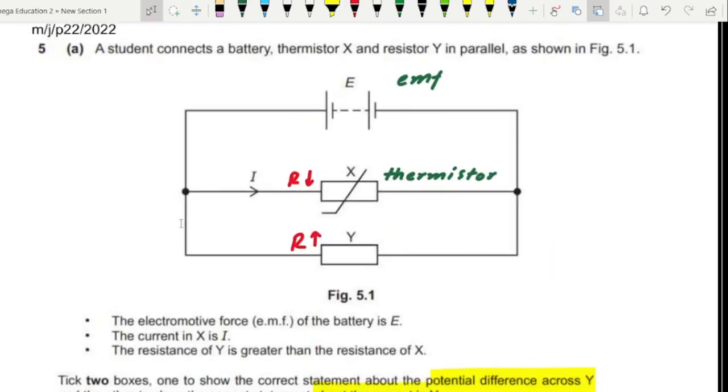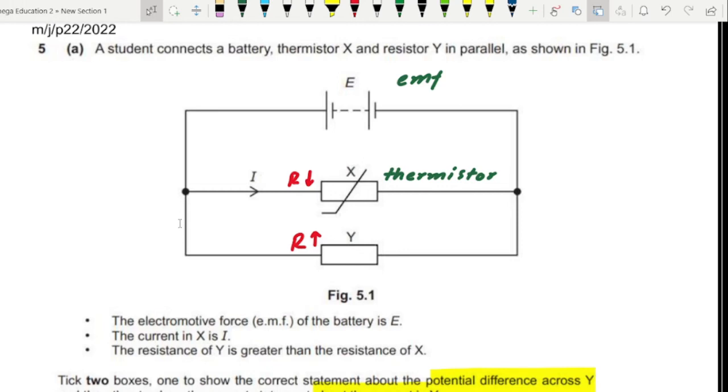Let's check out the circuit. Component Y is connected in parallel with the thermistor directly to the battery. And we studied that in the theory portion, that when components are connected in parallel directly to the source, to the battery, to the power supply, the voltage across them, or the potential difference across them, equals the EMF of that battery, or power supply, or cell.